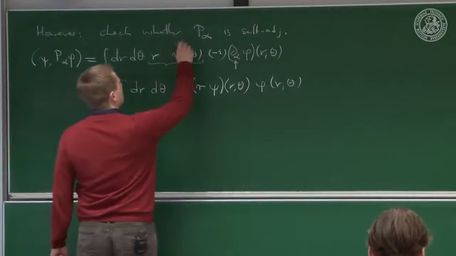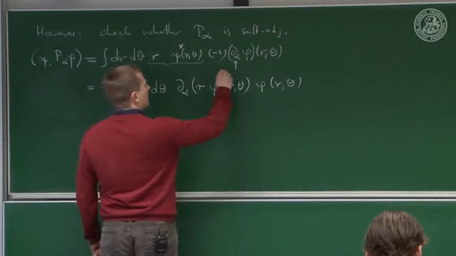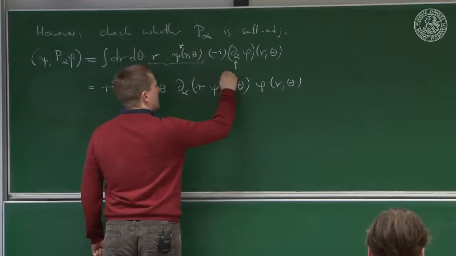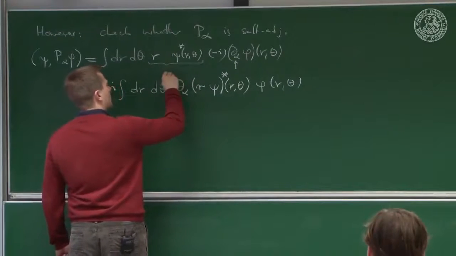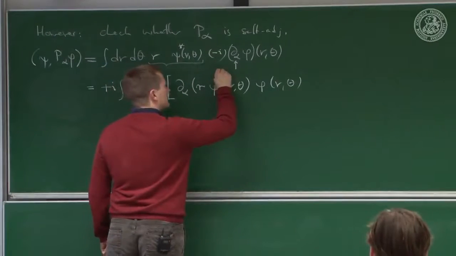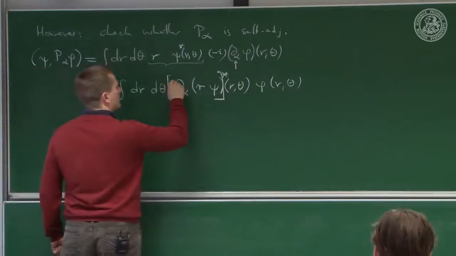And here, of course, we need a ψ star that we had before. We can still star here because the r is, of course, real. And we can also put brackets before we star the whole thing and pull this guy in with a minus i.